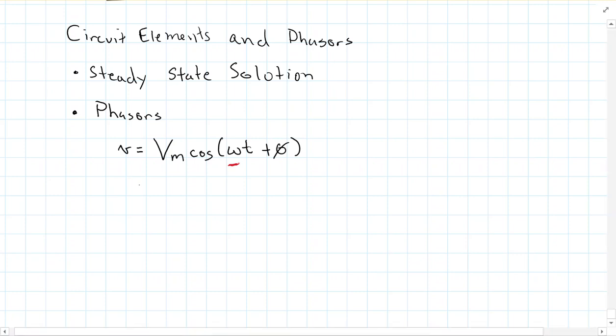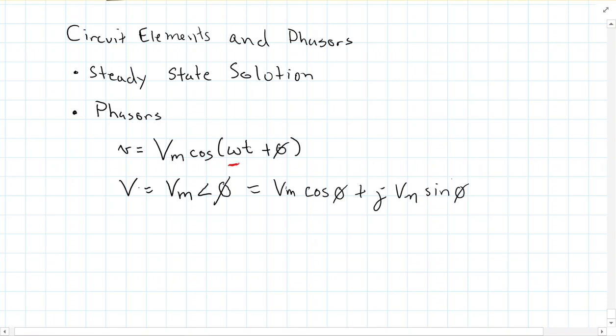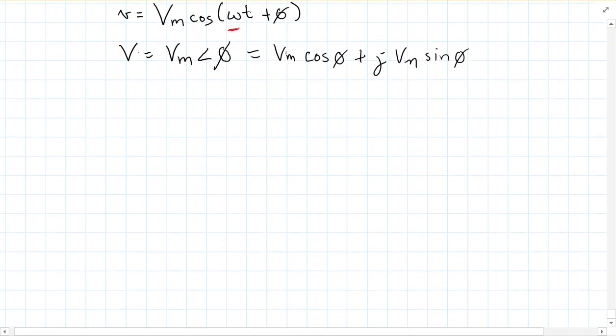The only thing we really needed to keep track of was the amplitude or the magnitude and the phase angle. So this is my phasor, which again, these things you just really should commit to memory here. Vm cosine of phi plus j Vm sine of phi. And that's just, of course, from Euler's identity.